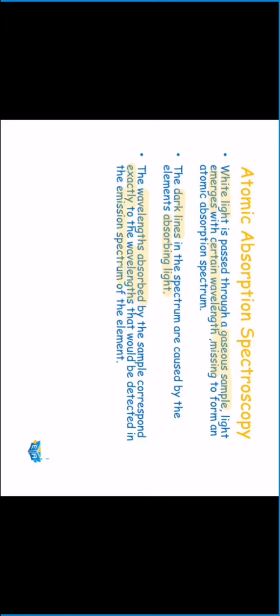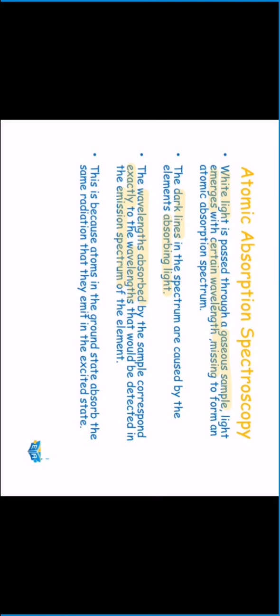So the black lines in your absorption spectrum should match up with the coloured lines in your emission spectrum. The explanation for this is that atoms in the ground state absorb the same radiation that they emit in the excited state. So energy absorbed is equal to energy emitted.